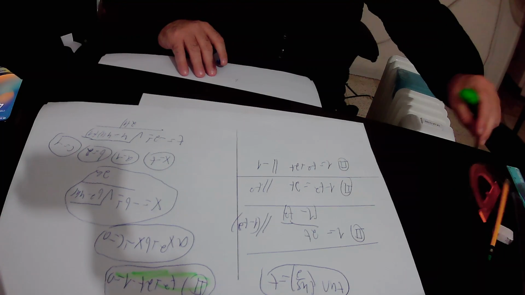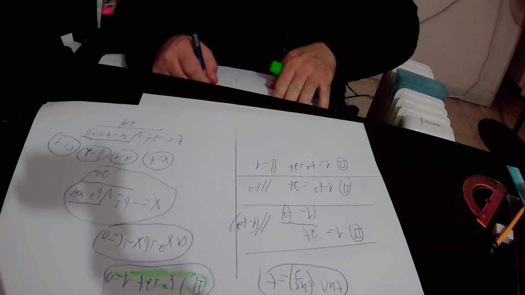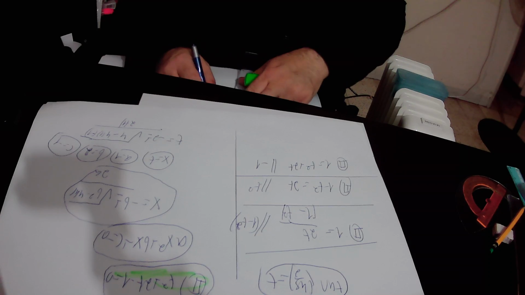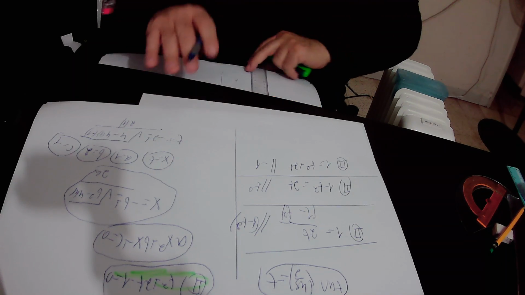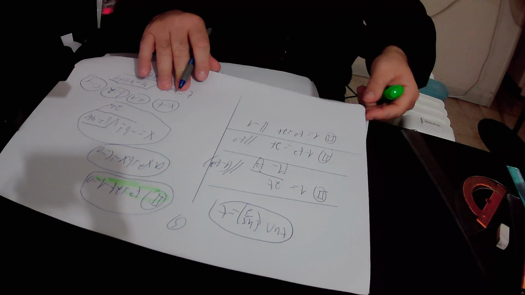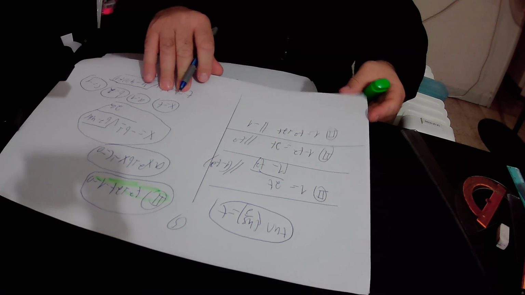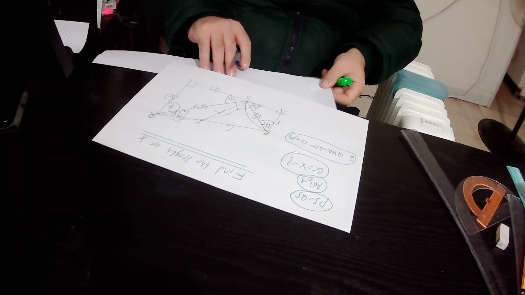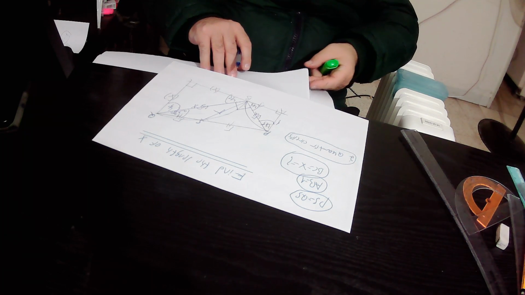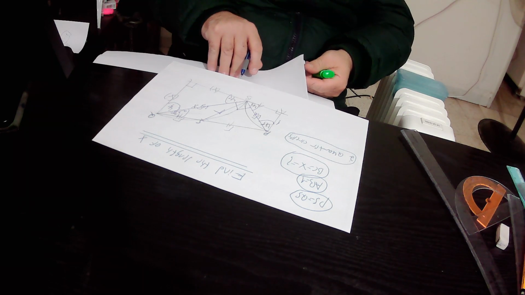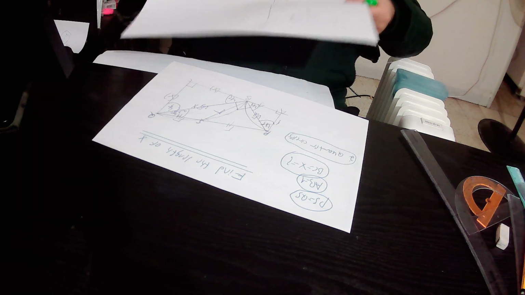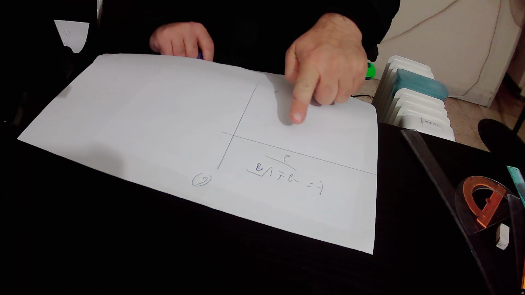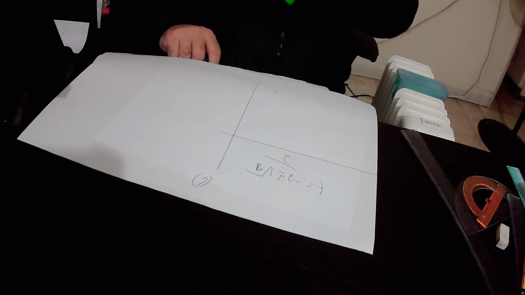So we found out that t equals minus 2 plus minus square root of 8 over 2.